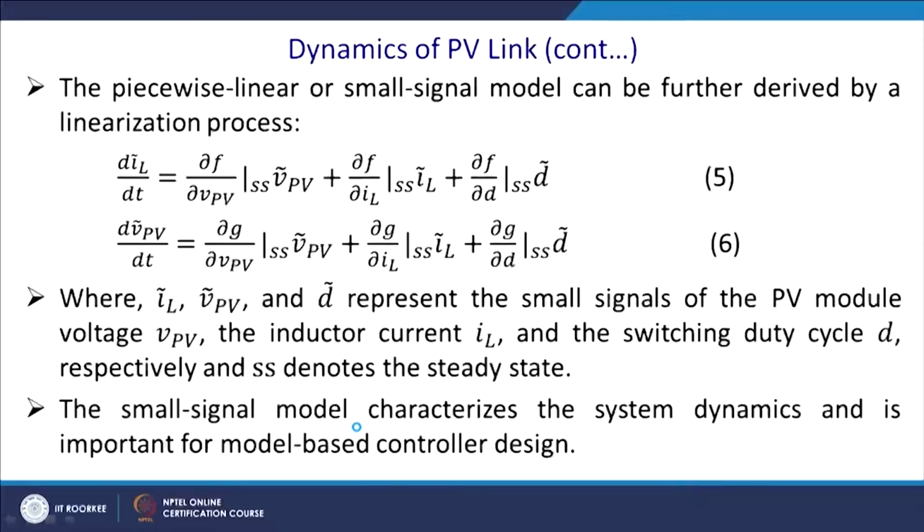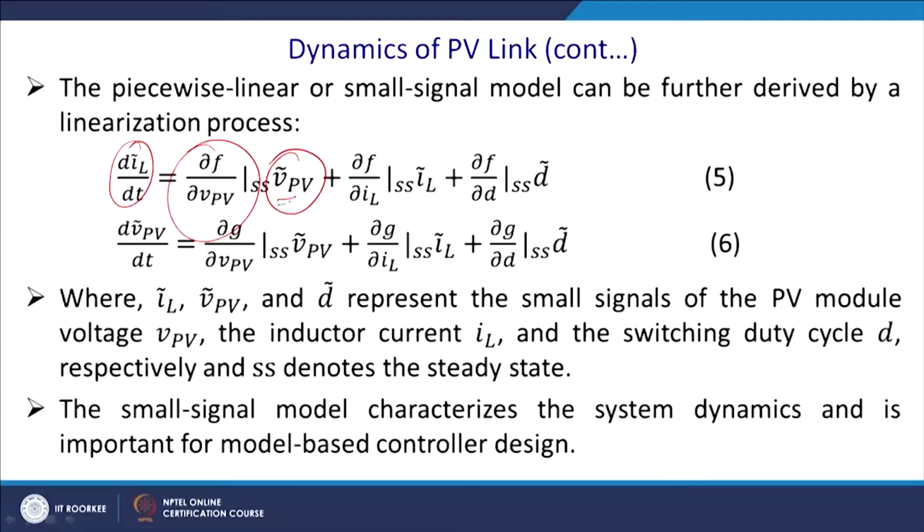And thus, we have to take the piecewise linear model, and we will give a normalized value followed by a perturbation. So, what can we find? Delta IL equals the partial derivatives of these functions with respect to IL, VPV and D. This delta term is the perturbation, that is, a small disturbance.